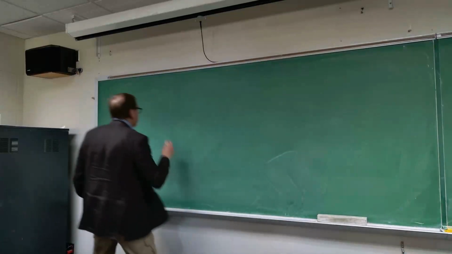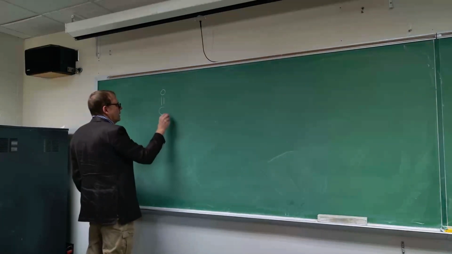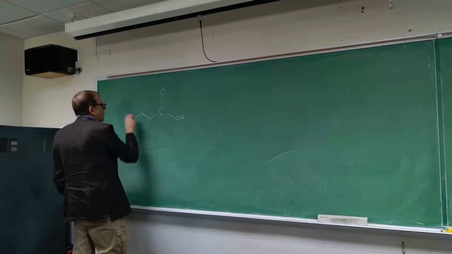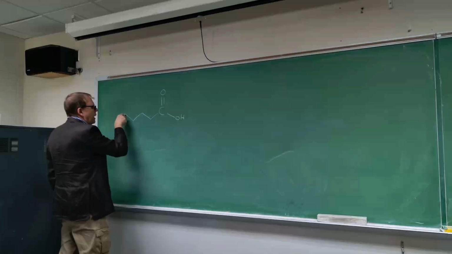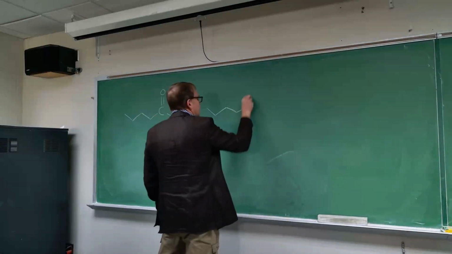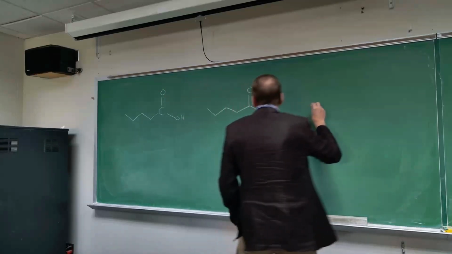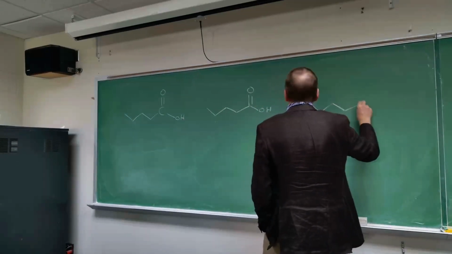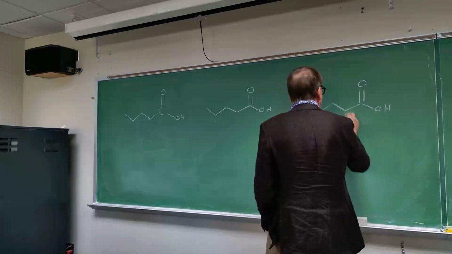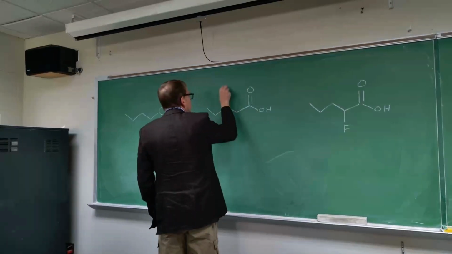So here's an example of a series of carboxylic acids. I'm going to draw 5 carboxylic acids here with 5 different positions of an electronegative element, fluorine.